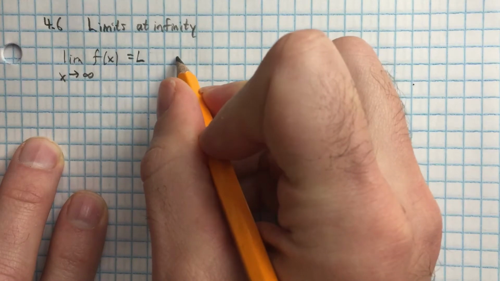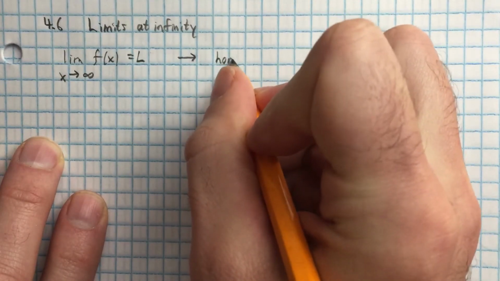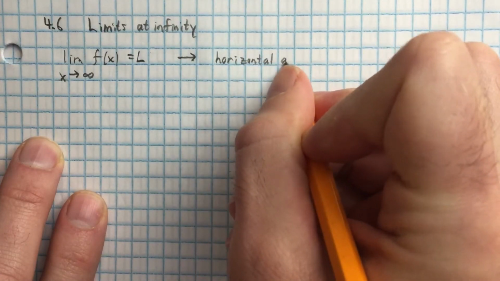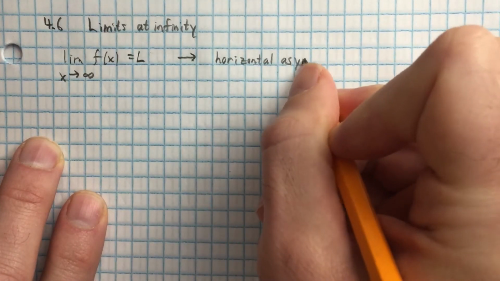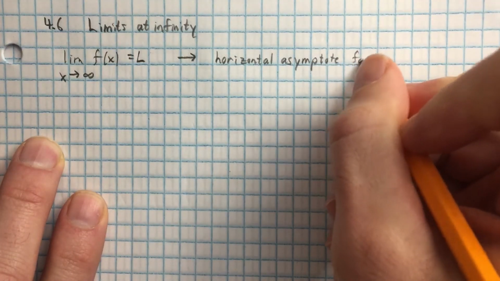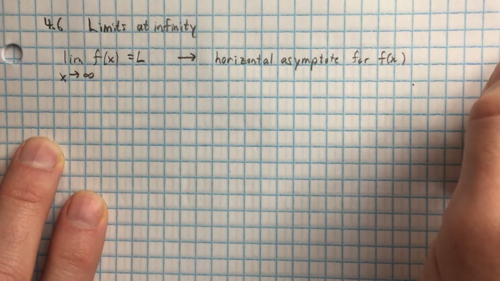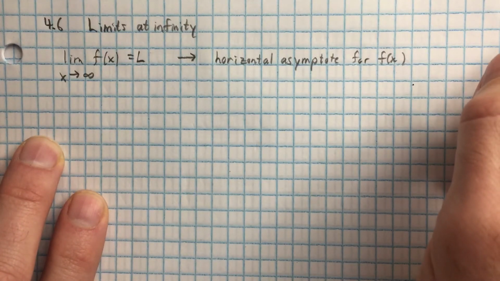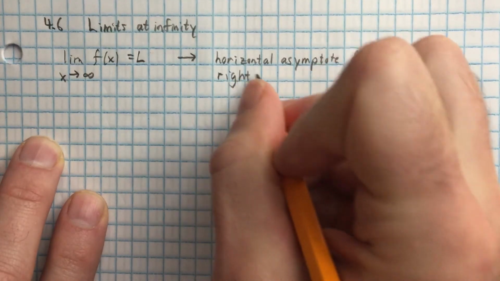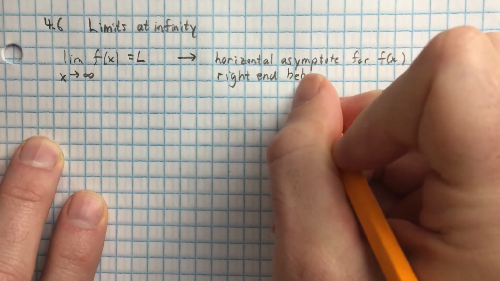And it will also correspond to a horizontal asymptote for the function f. And we will also describe the right end behavior of the graph of f.